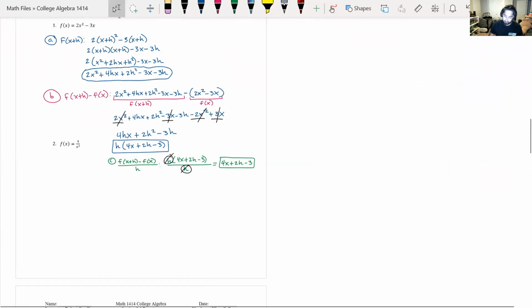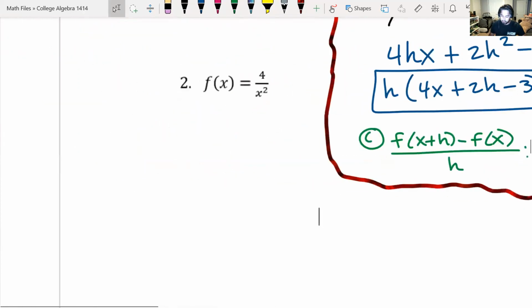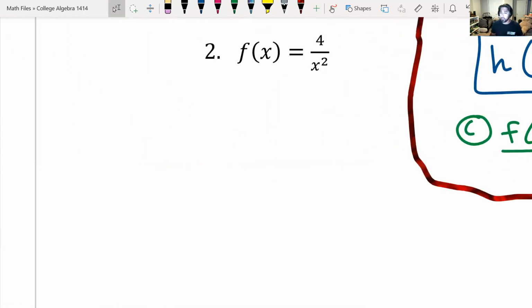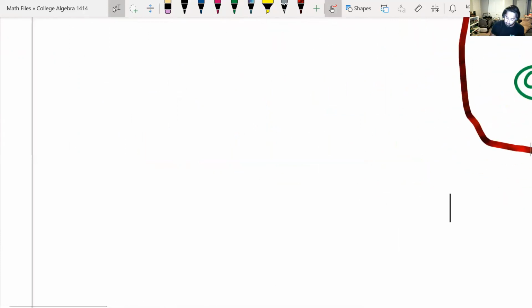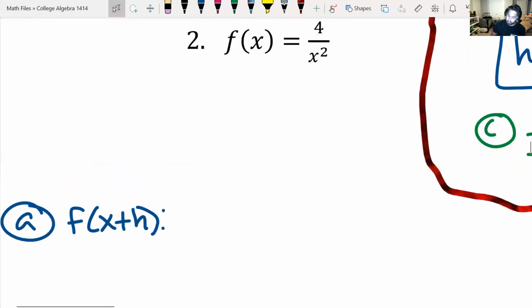Let me make a little boundary for this. All right, I'll start on the left side this time. And now we have 4 over x squared. So we're going to do the exact same steps. So f of x plus h, and it was 4 over x squared.